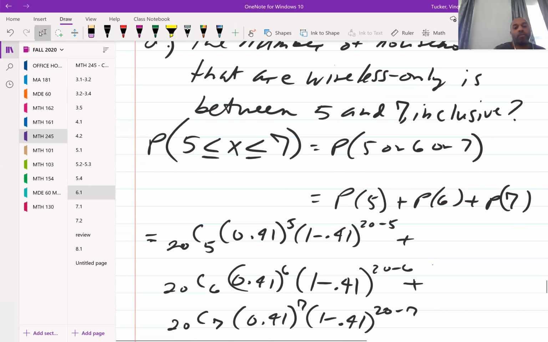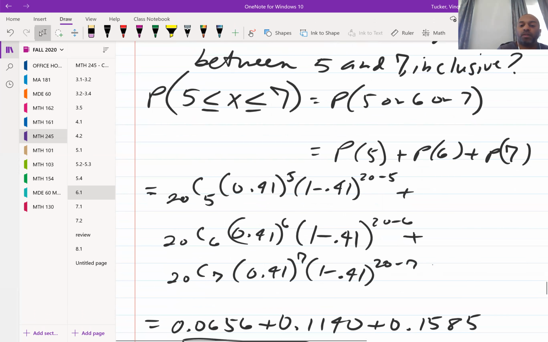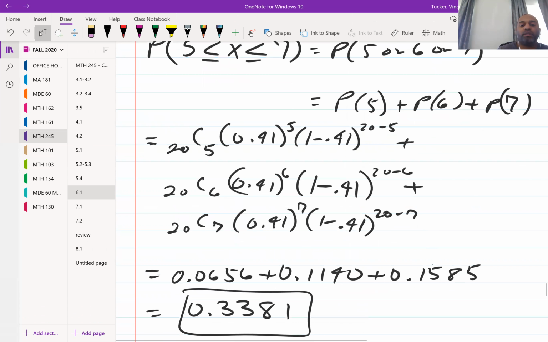So find each one of those individually, 5, 6, and 7, and the probability of each. Add them together, get 0.3381.